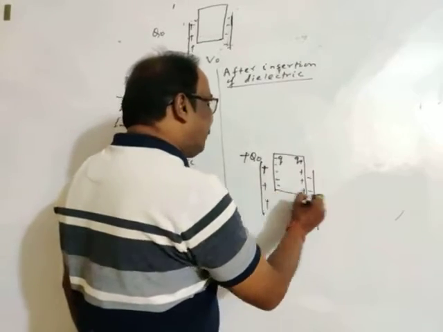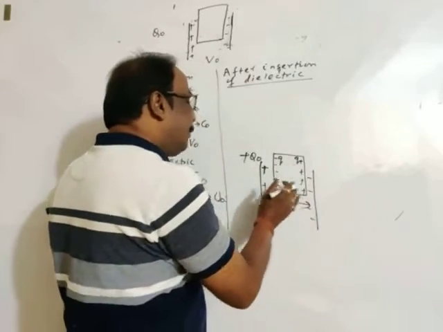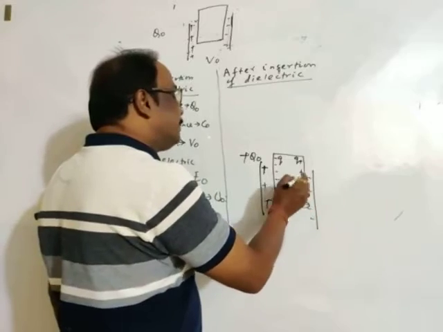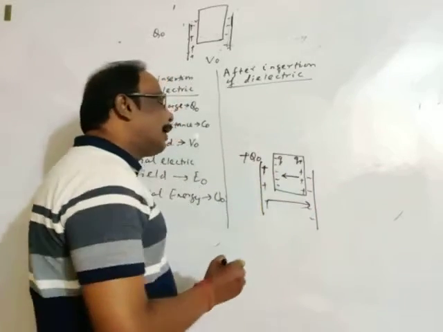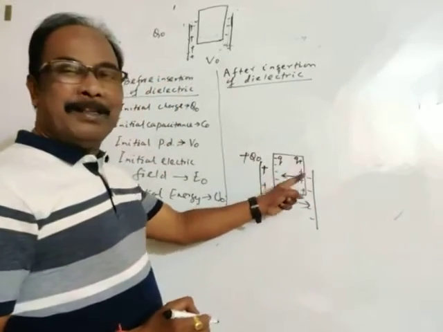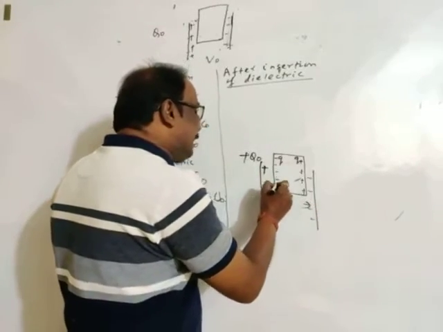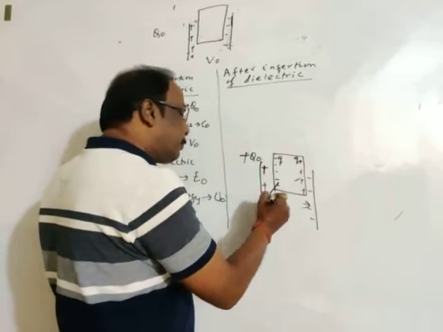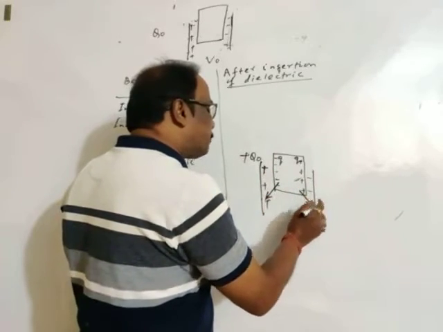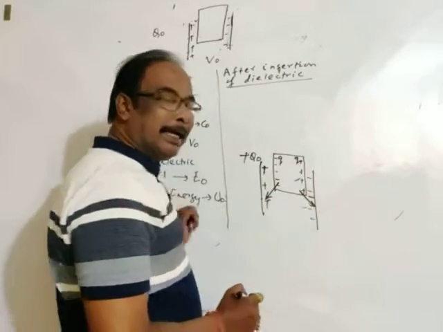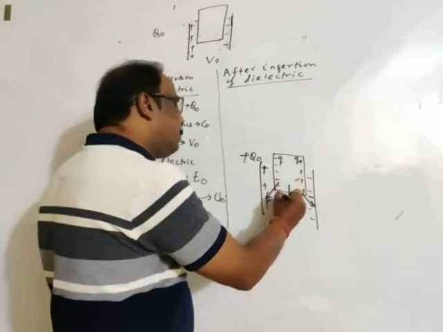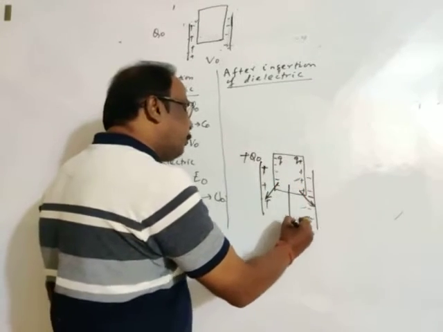So the electric field outside the dielectric is from positive to negative, and inside the dielectric from this positive to this negative. But what happens, you see, these negative charges will be attracted towards positive, and these positive charges will be attracted towards negative. So a resultant force will be experienced in the downward direction.